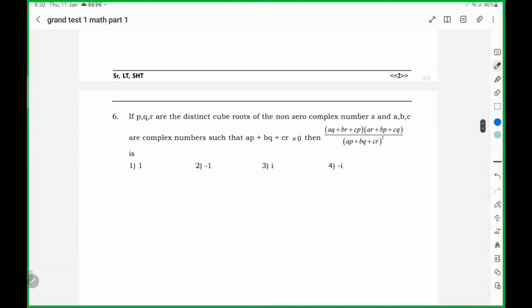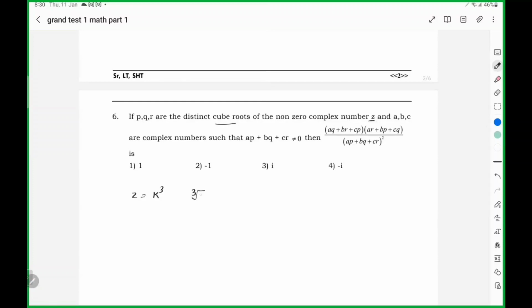So whenever they generalize it, cube root of a complex number z. For convenience, you can take k, but k cube, if I take, the simplification will be easier.